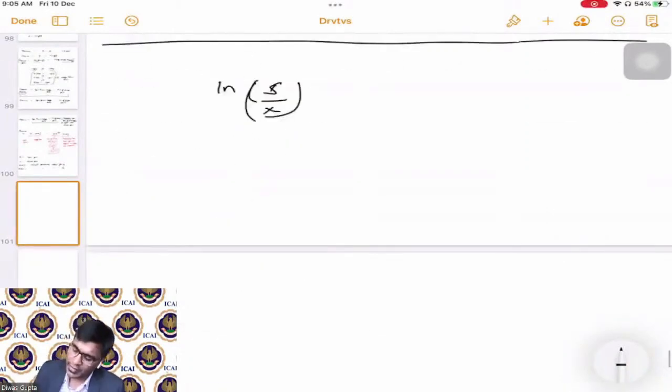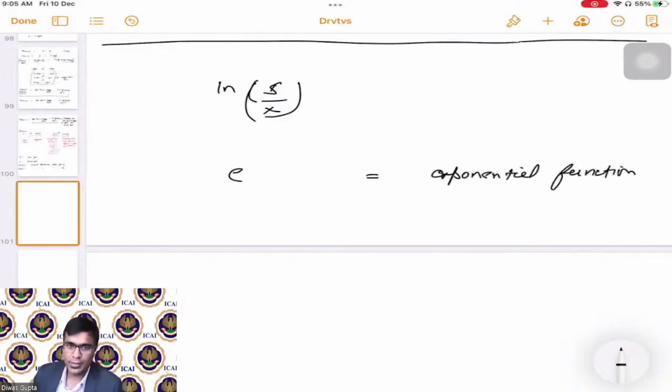You know there is an E, correct? E is called the exponential function and it has a fixed value. It's a constant, right?